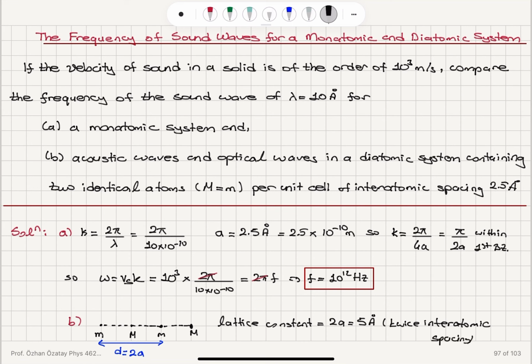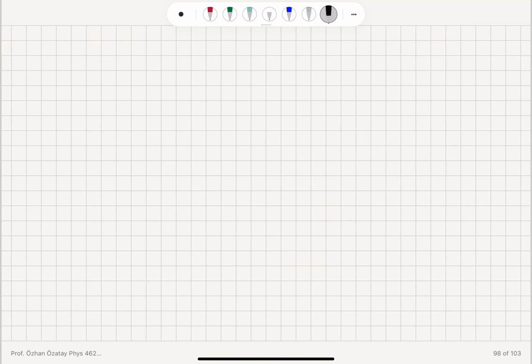Now, if we calculate the k value for this wavelength, this is 2 pi divided by 10 times 10 to the minus 10 meters. We can see that this is pi divided by 5 times 10 to the minus 10 meters, which is pi divided by the lattice constant d.